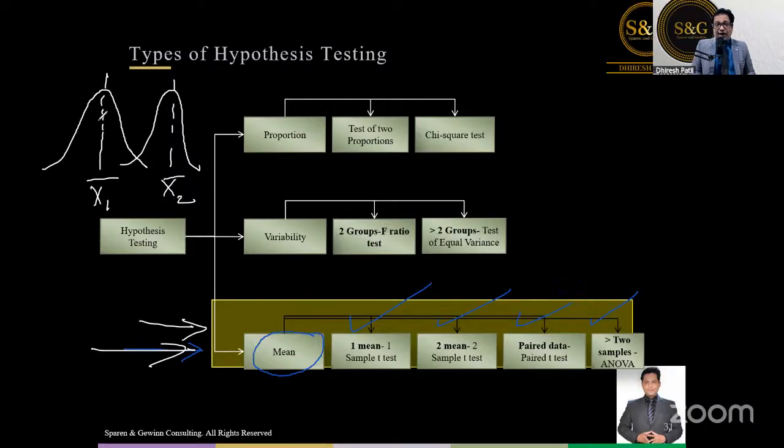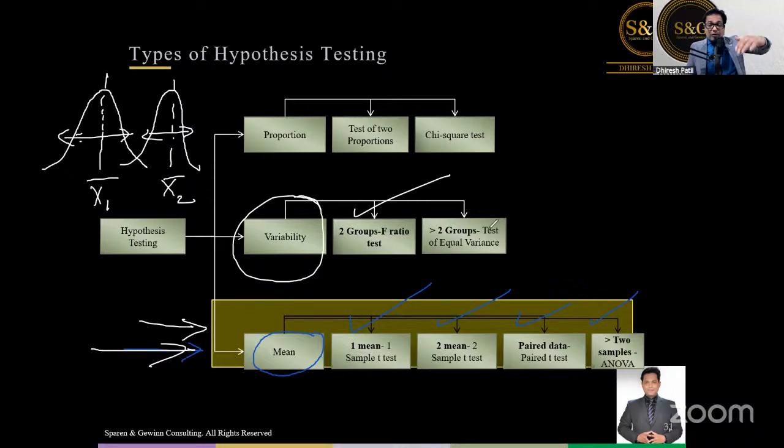Now, what happens if you want to compare standard deviation, the distribution, the spread? Spread to spread comparison also can be done, and that is very, very important. If you want to compare two distributions' spread with each other, we go for the F ratio test. If you want to go for more than 2, we go for test of equal variance.